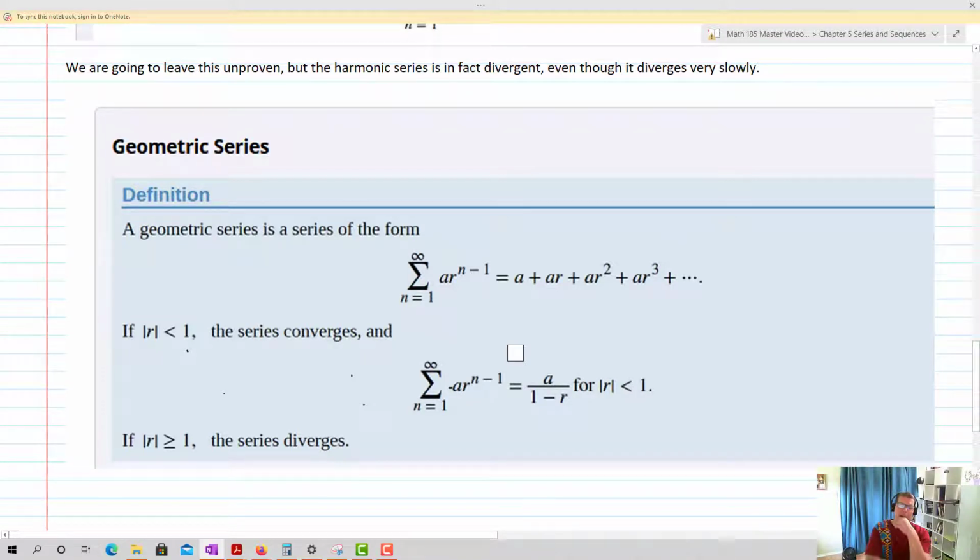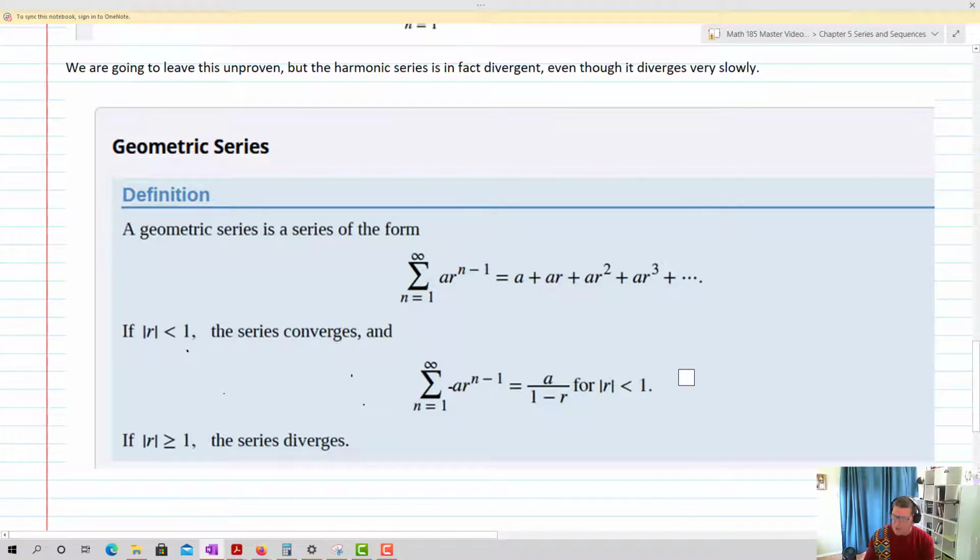If the absolute value of r is less than 1, the series will converge, and this is actually going to give me the value of the series. It'll be a over 1 minus r.